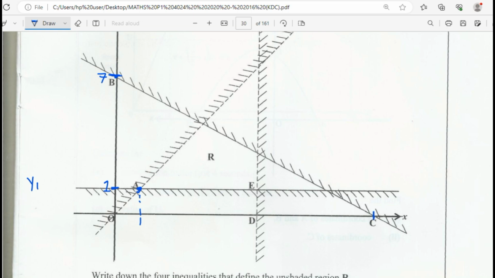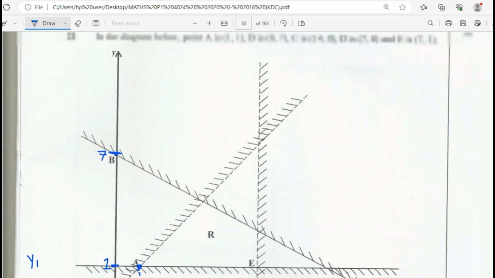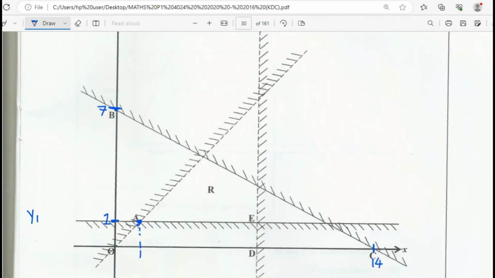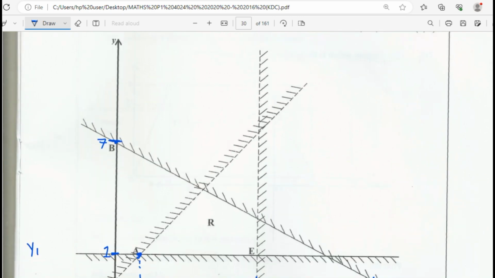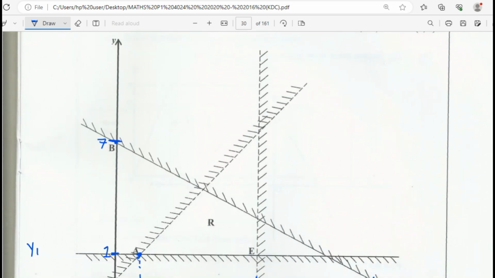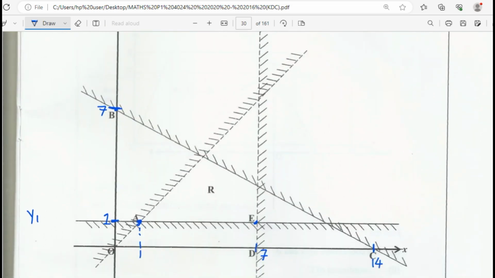So this is where our 14 is. What else do we have? D is 7,0. So this is where our 7 is. And the last point, E, is 7,1.